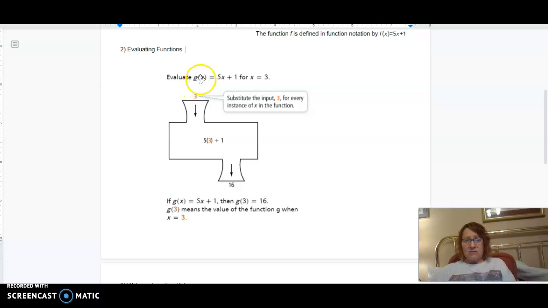The function g of x says whenever I give you x, whatever number I give for x, you're going to multiply it by 5 and then add 1. That's what the function g says. So g of 3 equals 16. When I plug 3 into this function, I get 16. And that's the notation, g of 3: the function g, when I give it the input of 3. The input goes in, the function does something with it, and then it goes out.